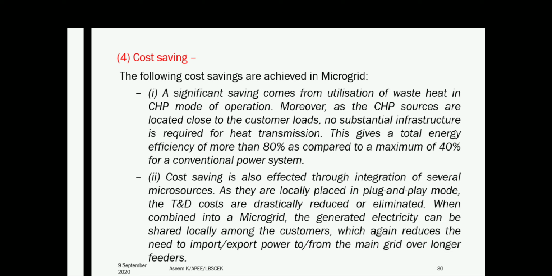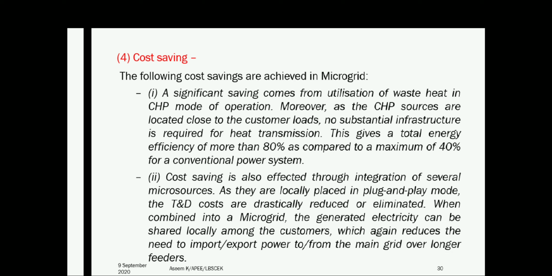For a conventional power system, the efficiency is 40%, but by using CHP, combined heat and power production, a distributed energy resource can have 80% efficiency. So that is one of the major advantages of distributed energy resources or a microgrid.